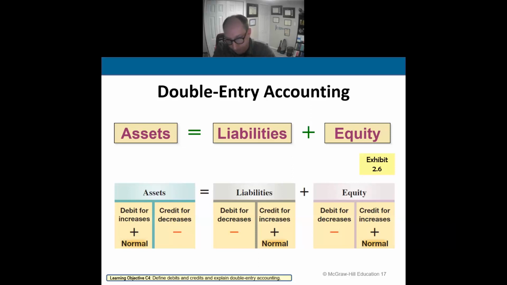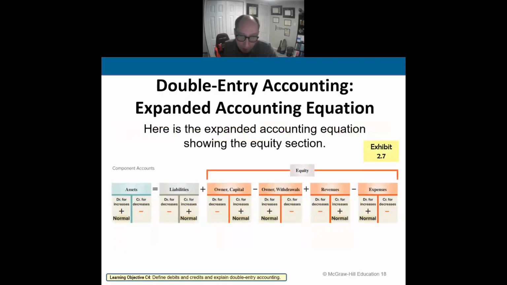To decrease it, we debit it. For equity, to increase equity accounts, we credit them. To decrease equity accounts, we debit them. We'll talk a little bit more about the equity ones because with revenue and expenses, it gets a little tricky.